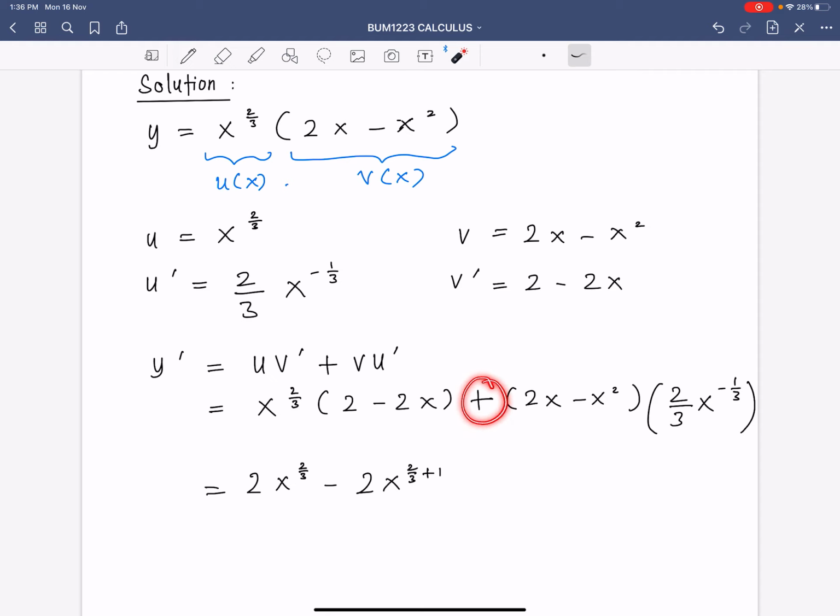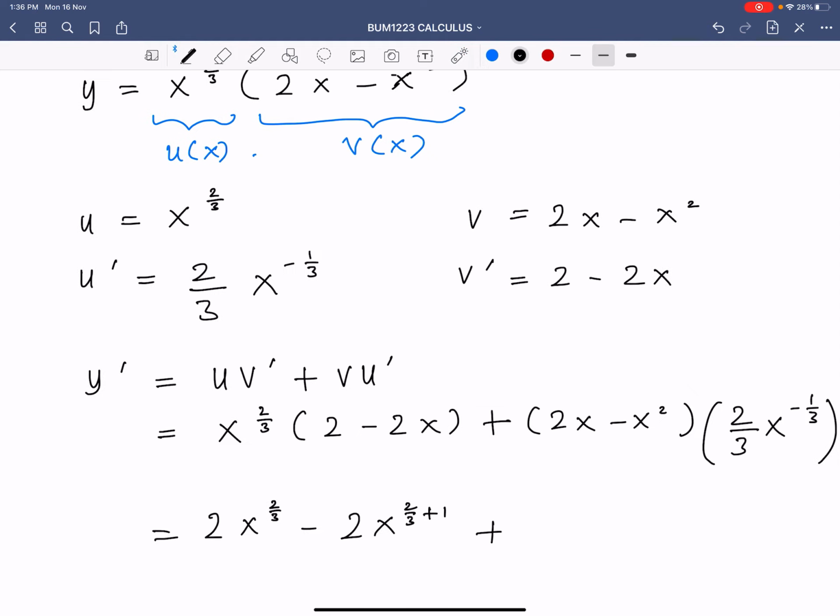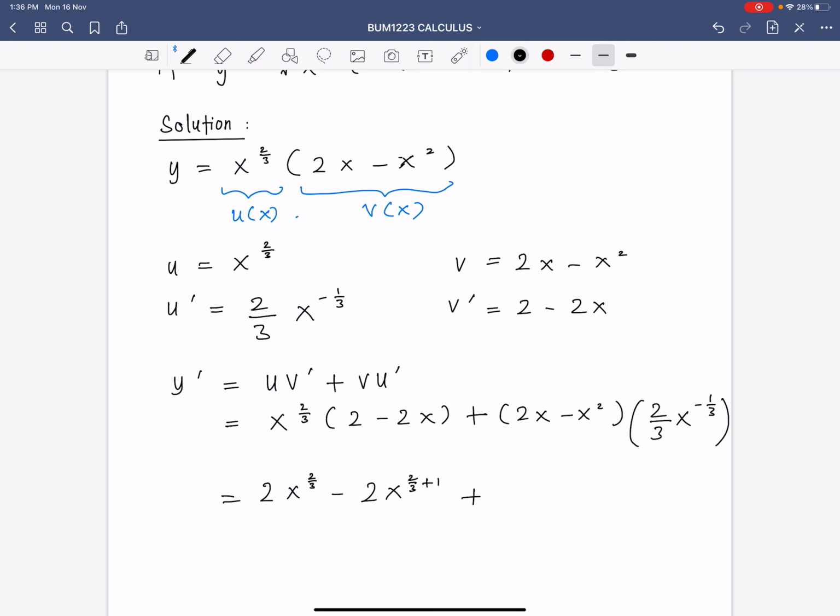Then we have plus, when 2x times 2/3 x to the power of negative 1/3, we get 4/3 x to the power of 1 minus 1/3, because this is x to the power of 1 multiplied with negative 1/3.